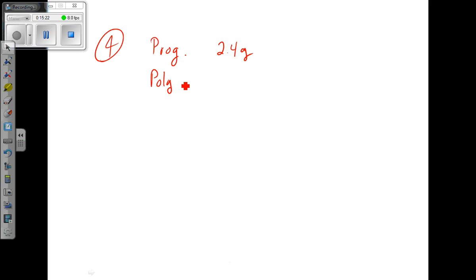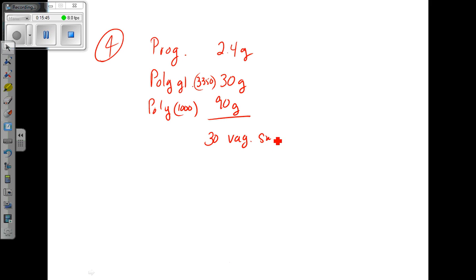Your polyethylene glycol 3350 is going to be 30 grams, and then you have the polyethylene glycol 1000 is going to be 90 grams, and all that together is going to make 30 vaginal suppositories. Okay, so it yields 30 vaginal suppositories. So you need 150.